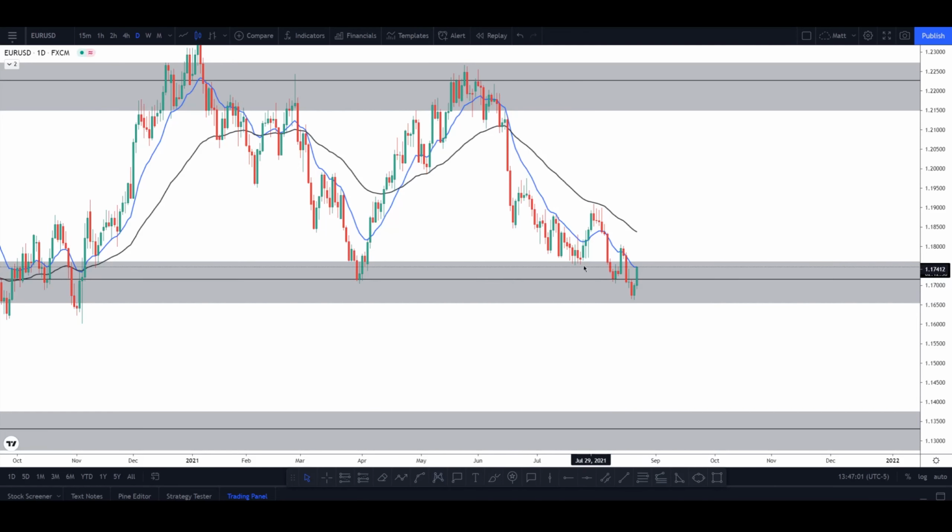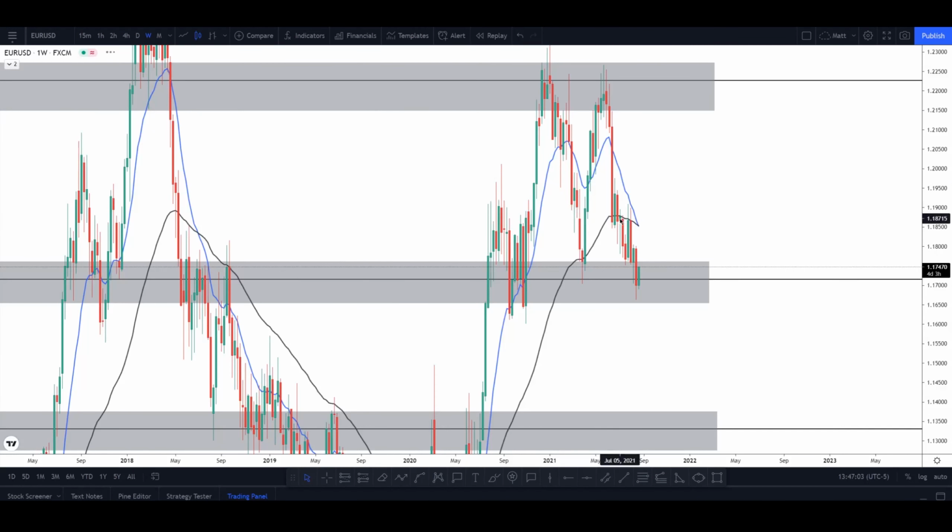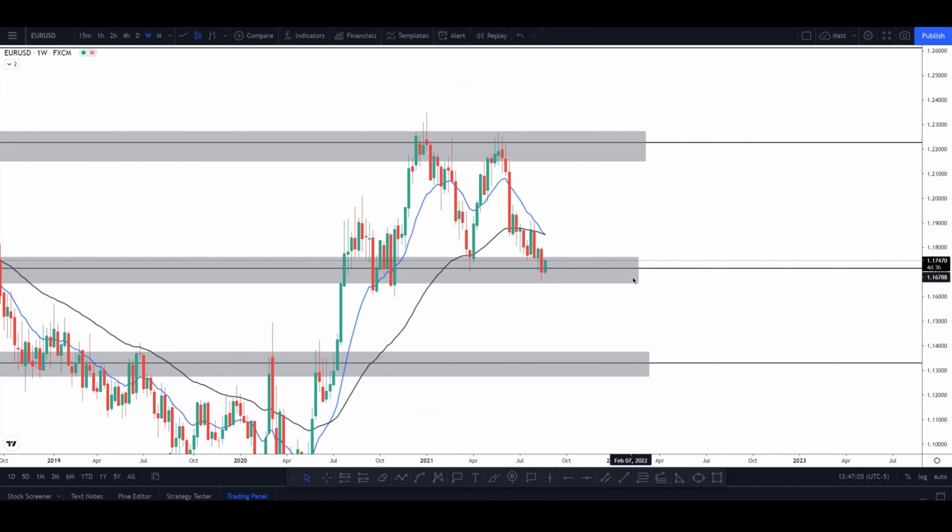So the larger market cycles on the higher time frames will have a greater priority, and they'll have more strength compared to what's happening on the smaller time frame. So that's something you should be aware of.